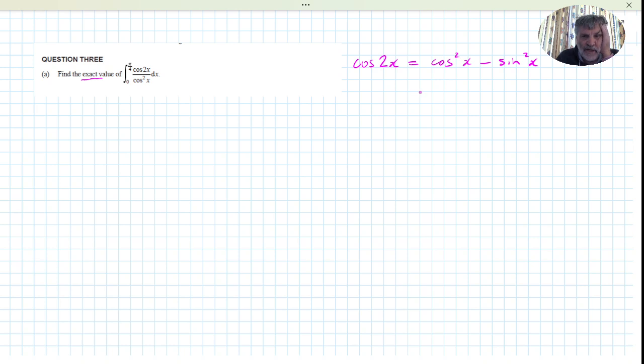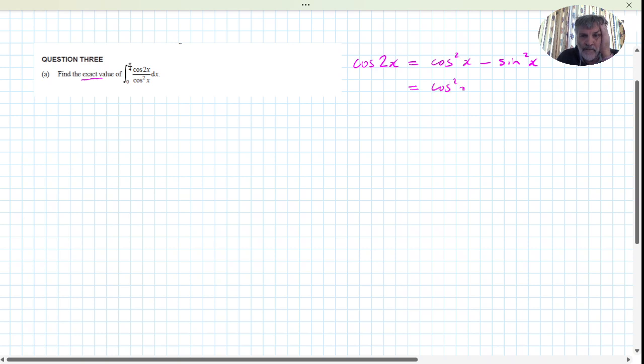You can also change it using cos squared plus sine squared equals 1. You can change this into cos squared minus 1 minus cos squared x, which is cos squared minus 1 and minus minus plus, so 2 cosine squared x minus 1. Or if you write cosine squared as 1 minus sine squared, now you get 1 minus 2 sine squared x.